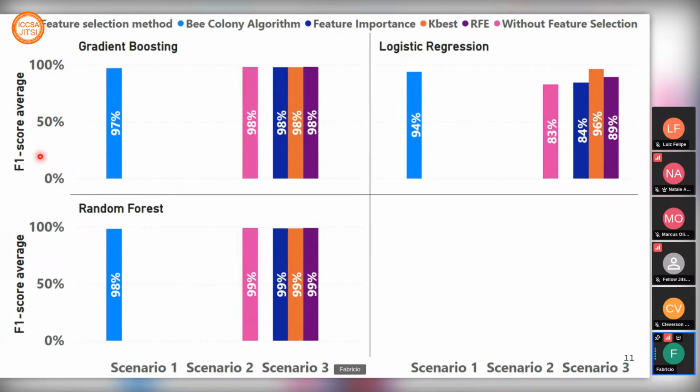And here are the F1 score results, which are basically the same as what we saw with the accuracy. The values are pretty much the same here. With random forest, we have the best F1 score, 99%, achieved when we use one of these methods for feature selection with ABC setting the parameters.